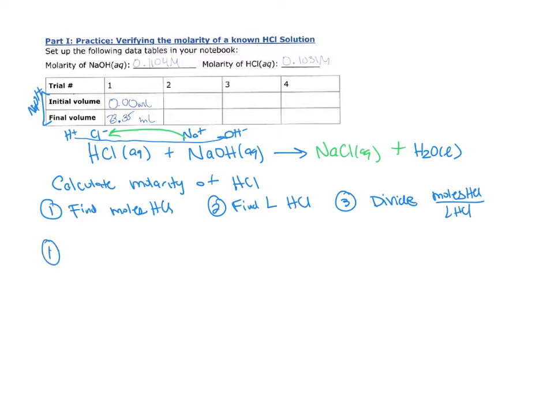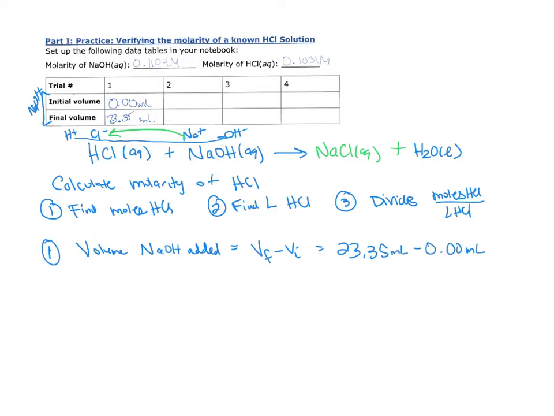So step 1, we start with the volume added of NaOH. Volume NaOH added always equals V final minus V initial. So that'll be 23.35 milliliters minus 0.00 milliliters.